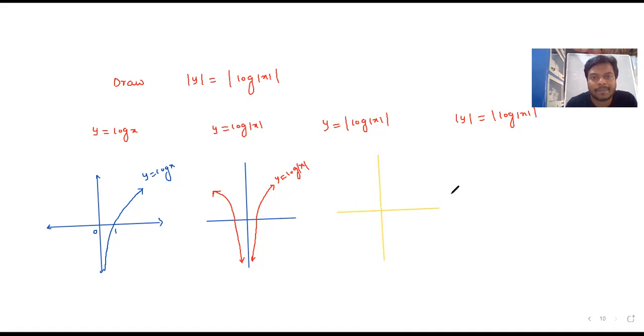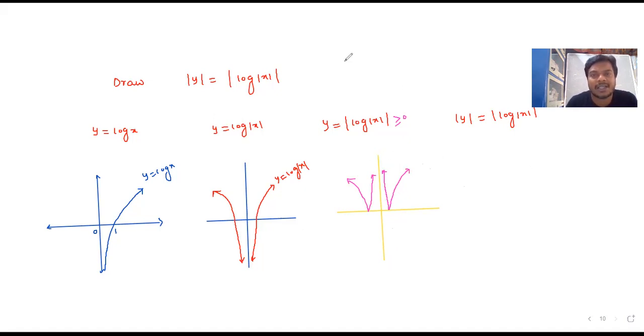Okay. We have to neglect the negative portion. Why? Because this is always greater than or equal to 0, right? So here we get like this, and this is the graph of modulus of log of mod x.